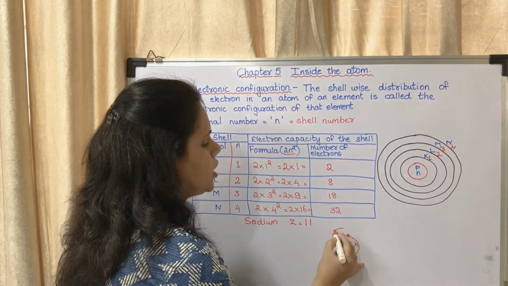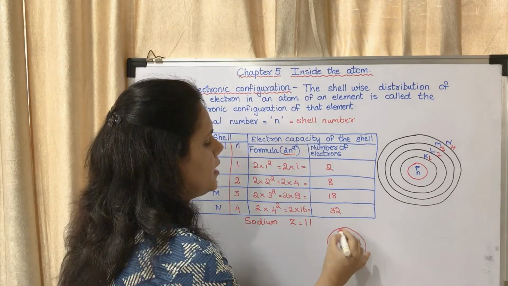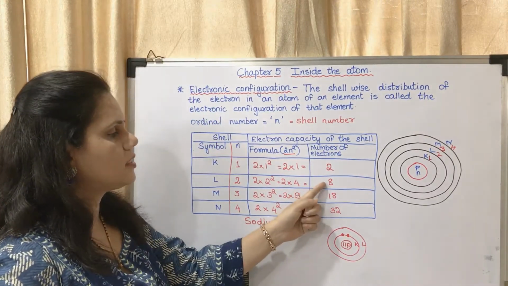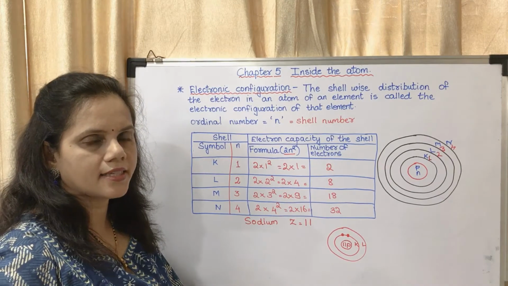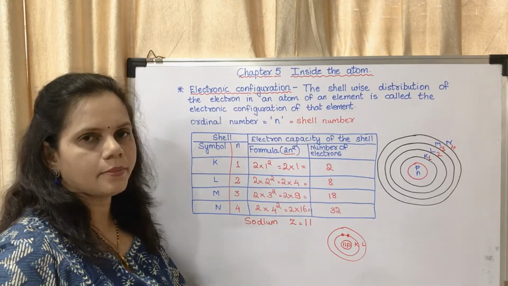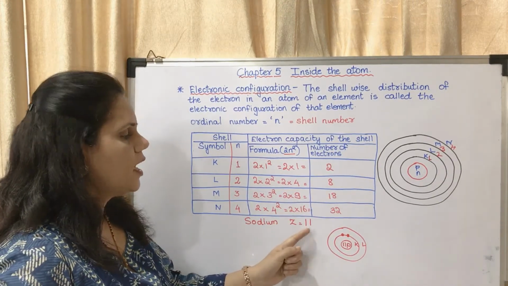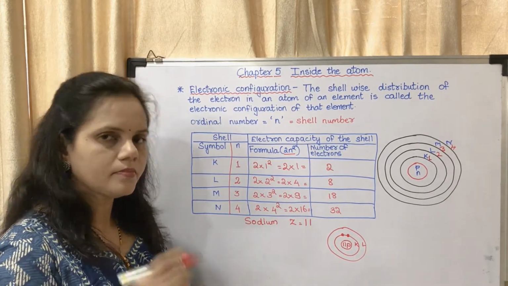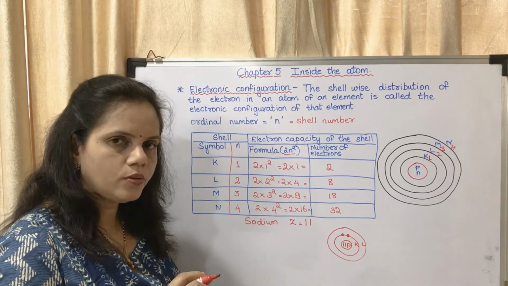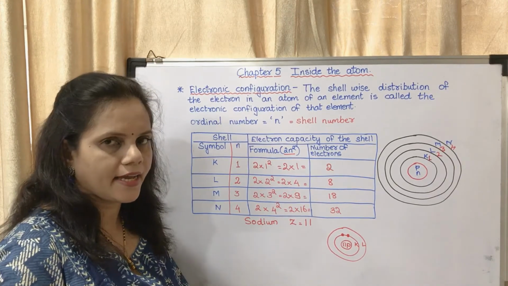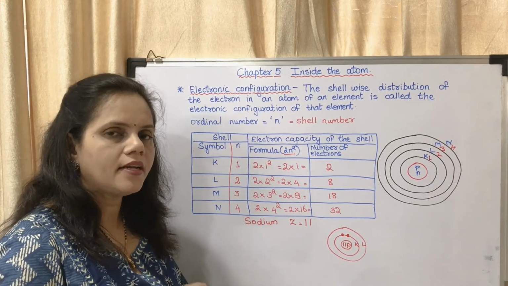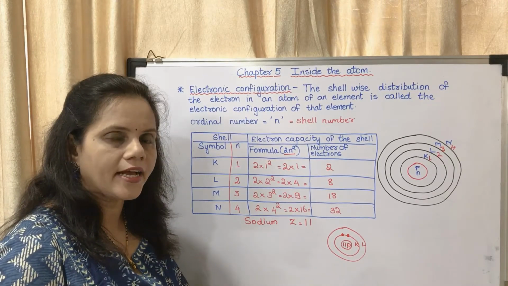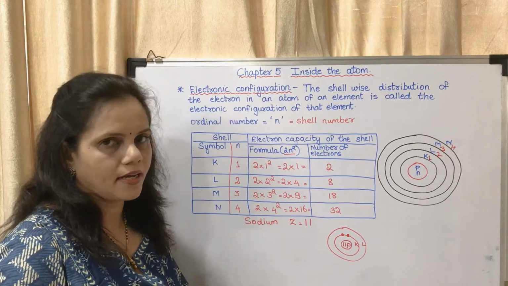Now the next shell, that is the L shell. How many electrons can be accommodated in the L shell? Maximum 8 can be accommodated. So out of 11, 2 we have accommodated in K. How many are remaining? 9 are remaining.